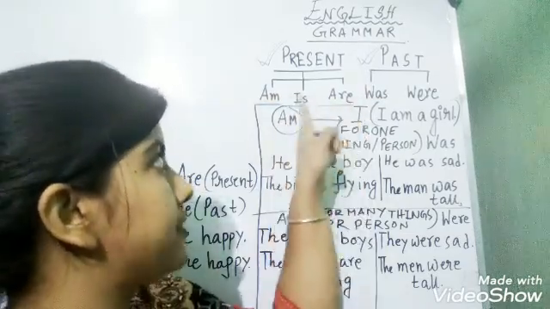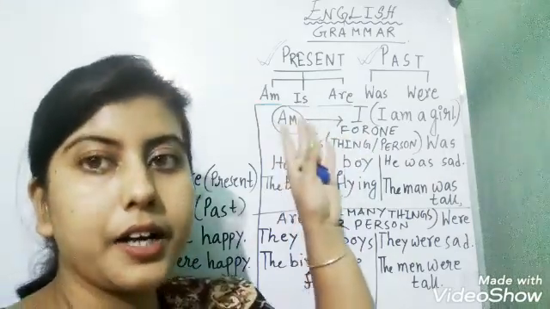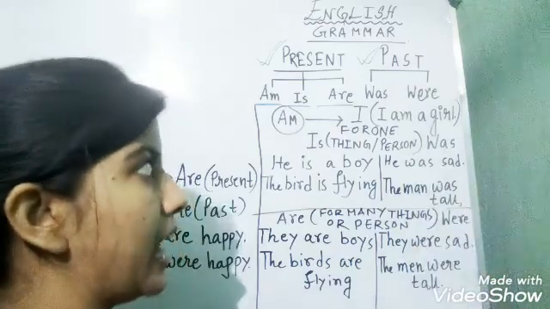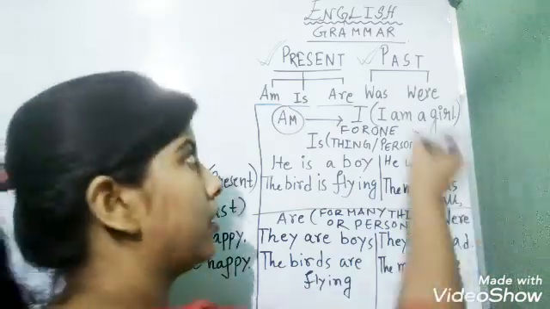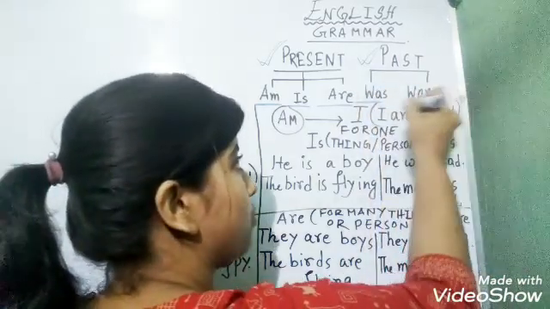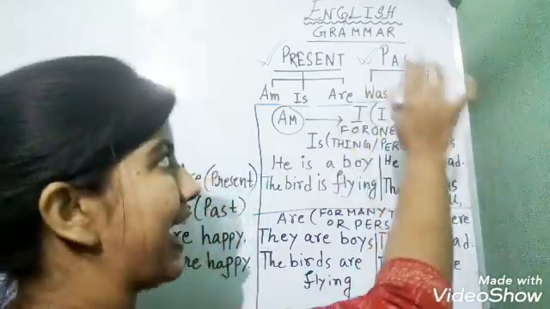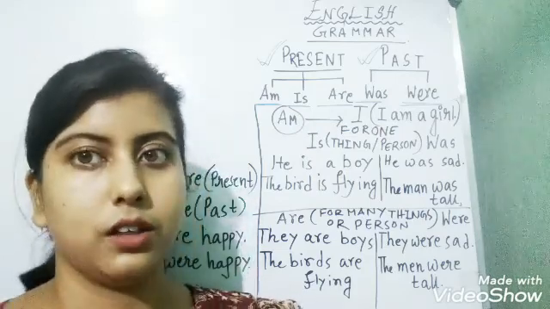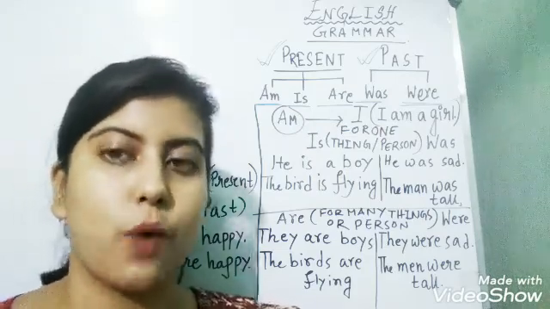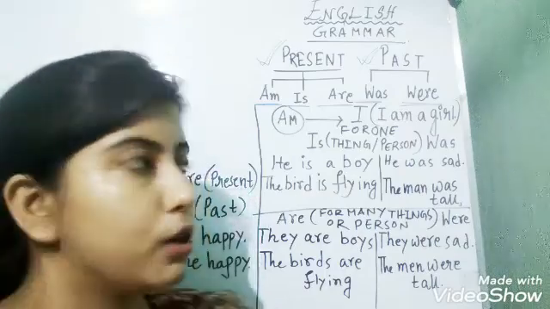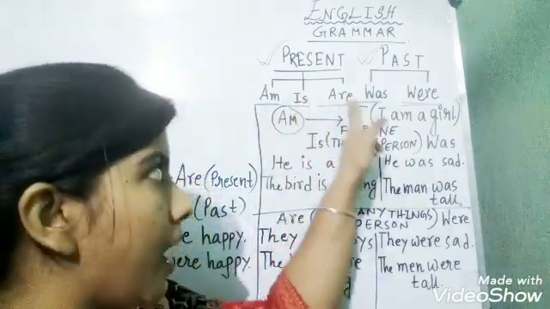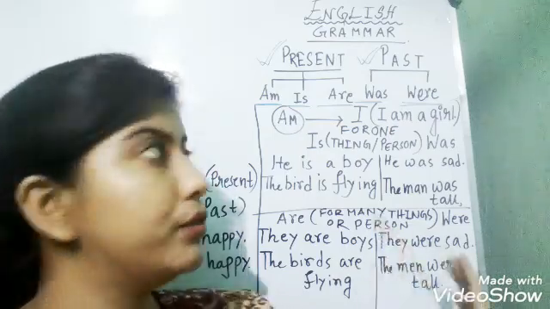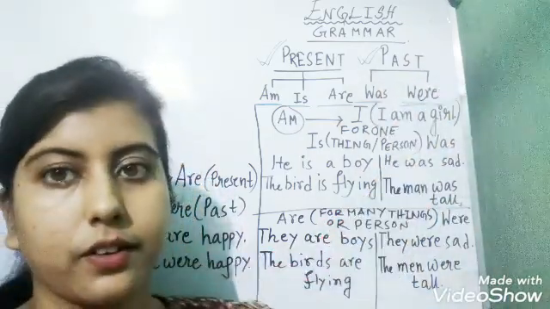And in past tense, we have two things, was and were. So whenever we are writing in present tense, we will use am, is, are, and whenever we are using past tense, we will use was, were.